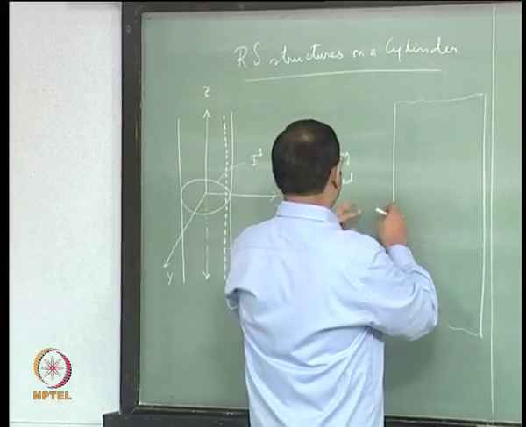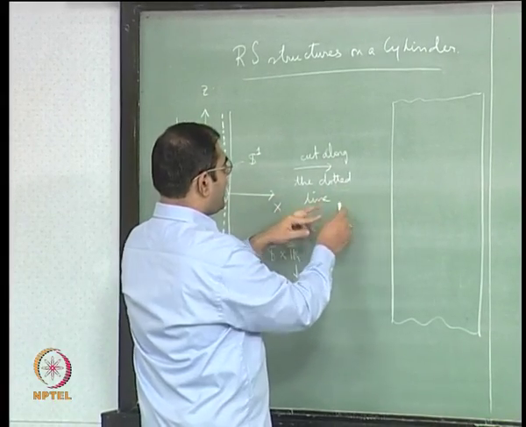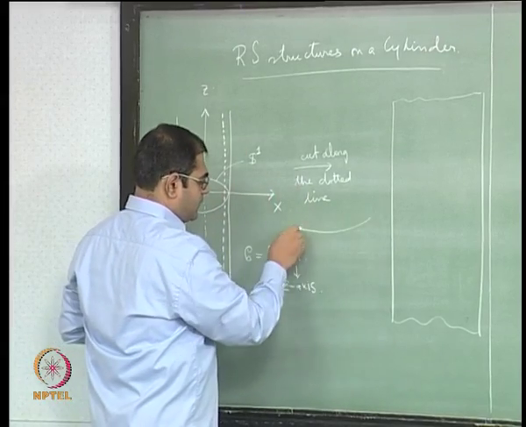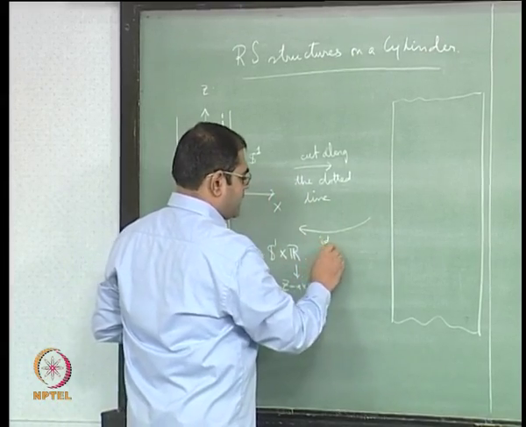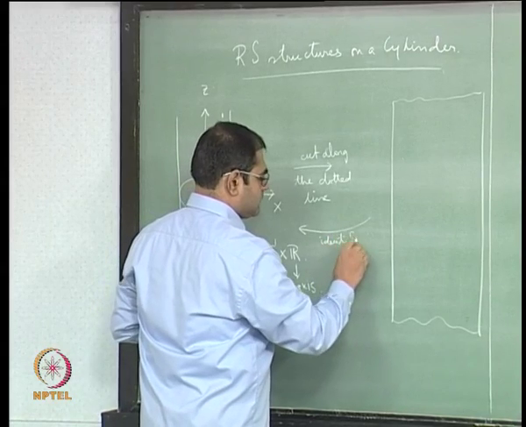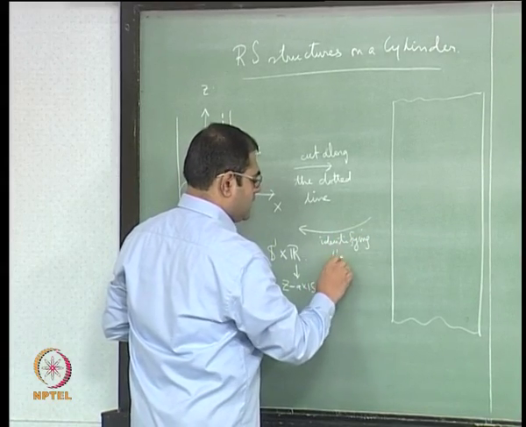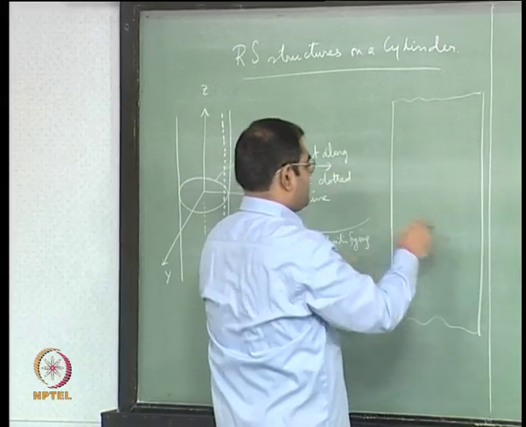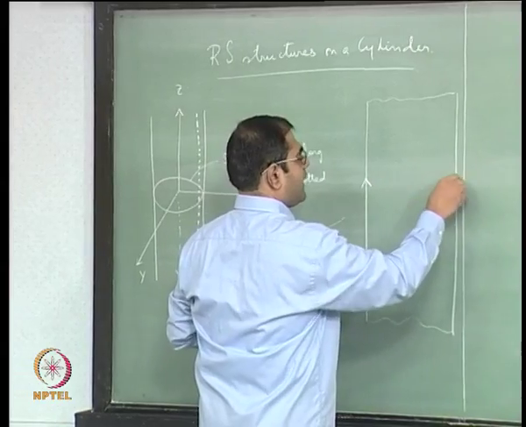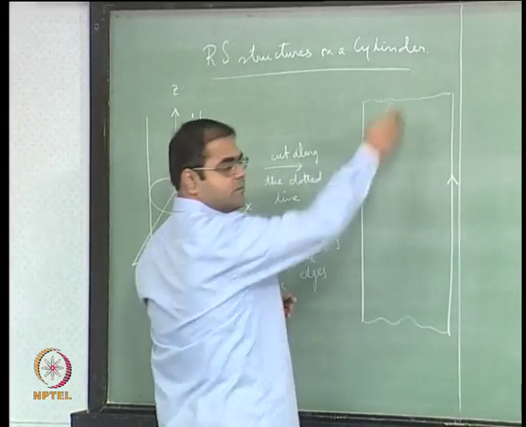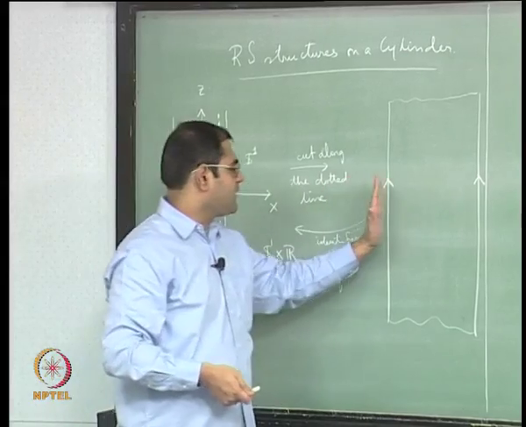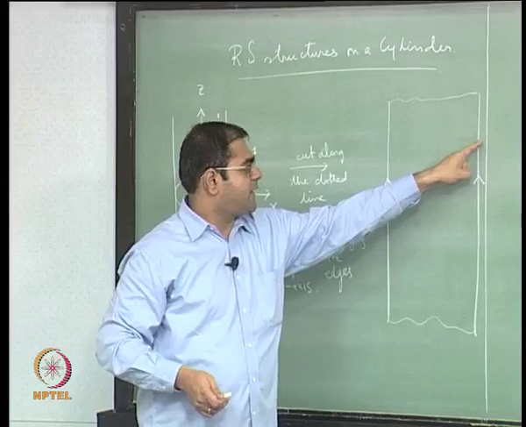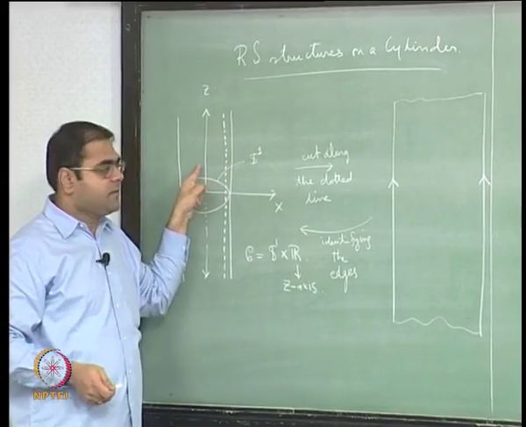And how do I undo this operation? I undo this operation by identifying the edges. This strip has 2 edges, and I put arrows to tell you that you have to identify this edge with that edge, namely you stick this edge to that edge and you will get back your cylinder, right.